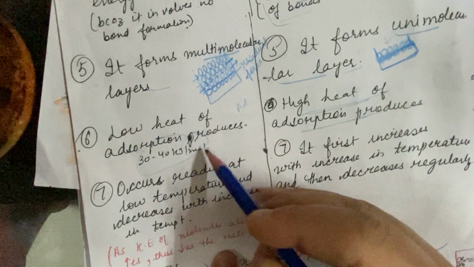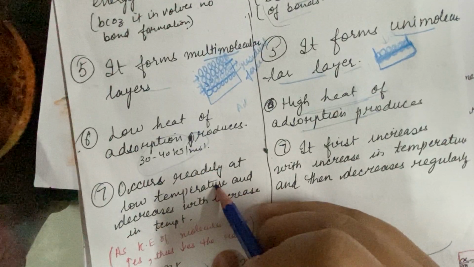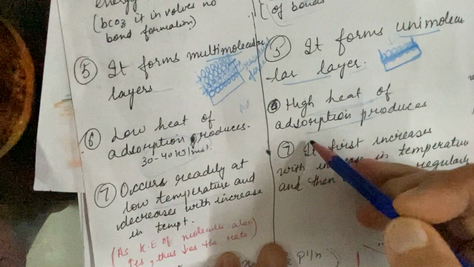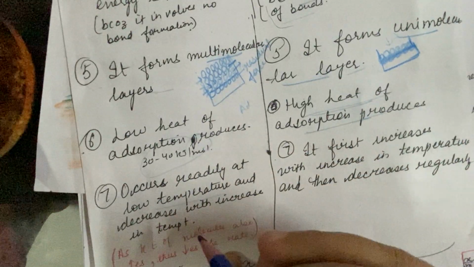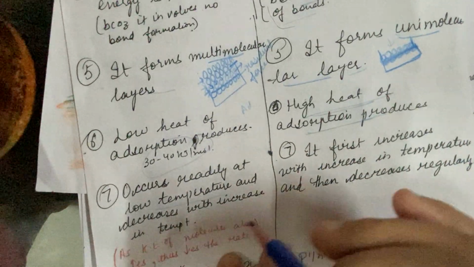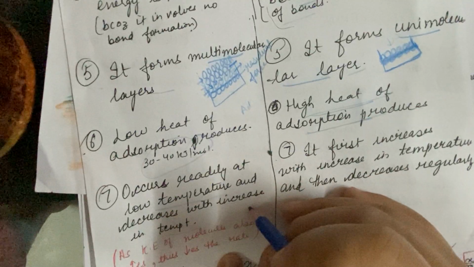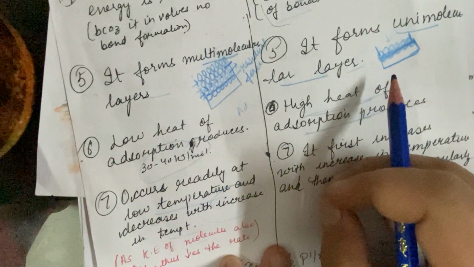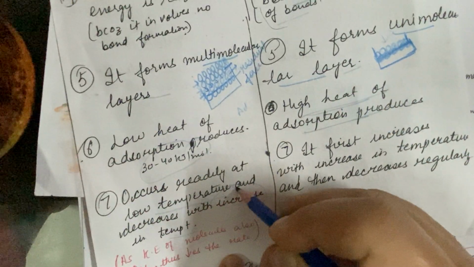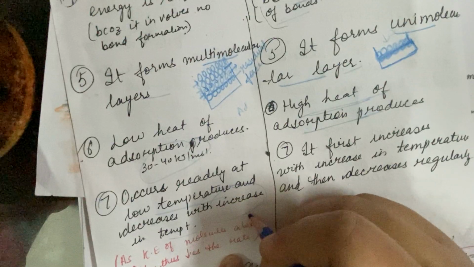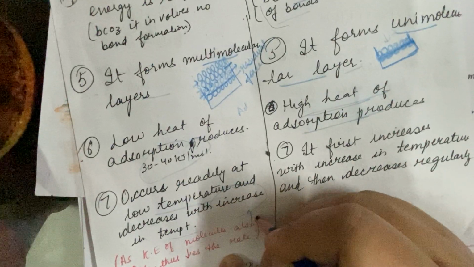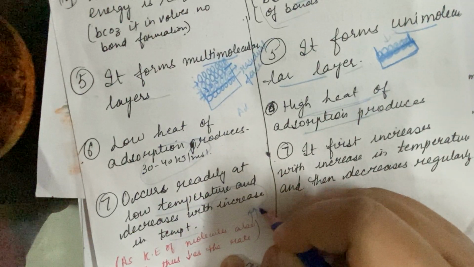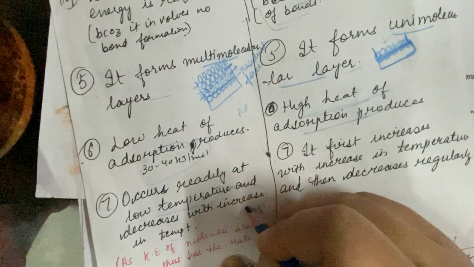Then we have next, it occurs readily at low temperature. Physical adsorption takes place at low temperature, but it decreases with increase in temperature, because increasing the temperature increases the kinetic energy of the molecules, and the molecules adsorbed on the surface start coming out from the layers, or desorption starts taking place at higher temperature.